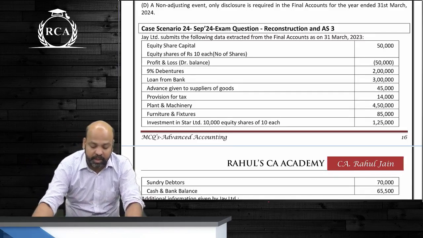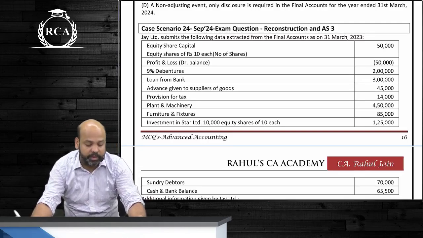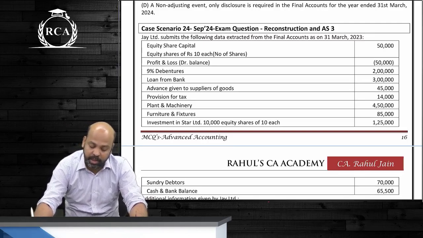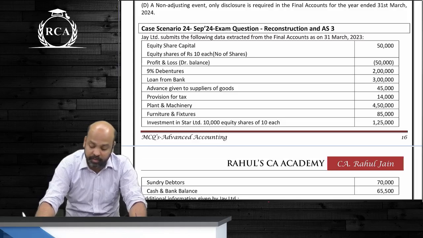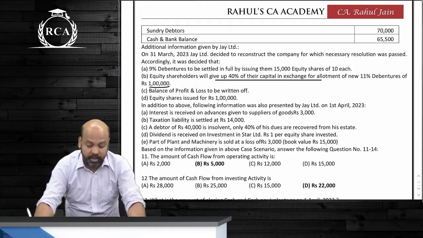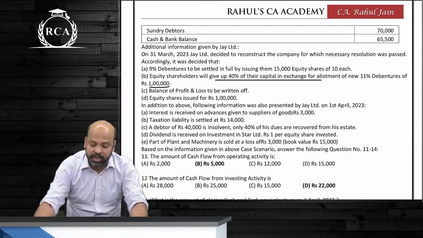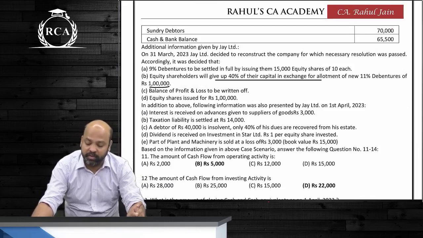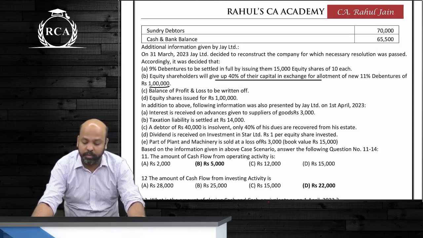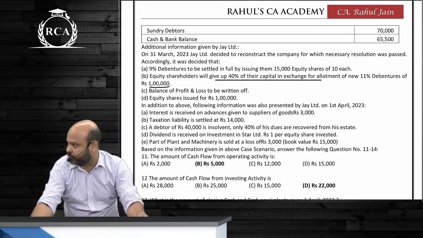P&L debit balance, 9% debentures, loan from bank, advance given to suppliers, provision for tax, plant and machinery, furniture and fixtures, investment in Star, sundry debtors, cash in bank. On 31st March 2023, J decided to reconstruct the company, for which the necessary resolution was passed. It was decided that 9% debentures be settled in full by issuing 15,000 shares of 10 each.